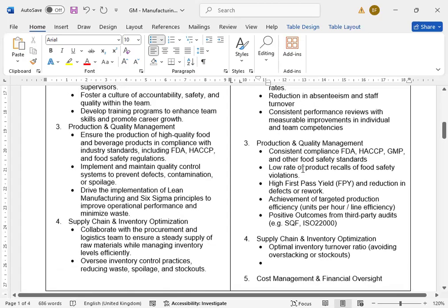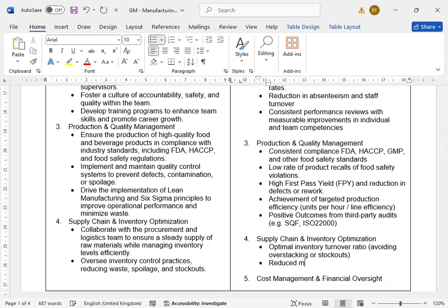Okay. Next one, reduce material waste and spoilage rates. Okay.